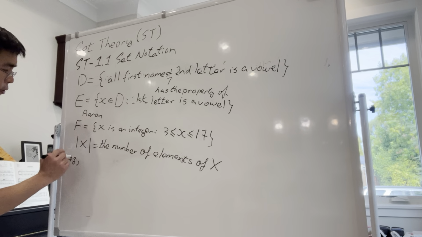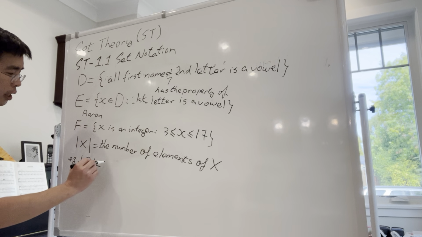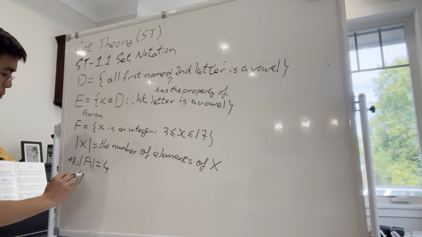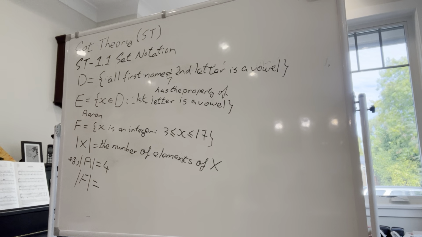Using this symbol, we know the set A has 4 elements, because at the beginning, A is 1, 2, 3, 4. So there are 4 elements. What about F? Yep, 15.